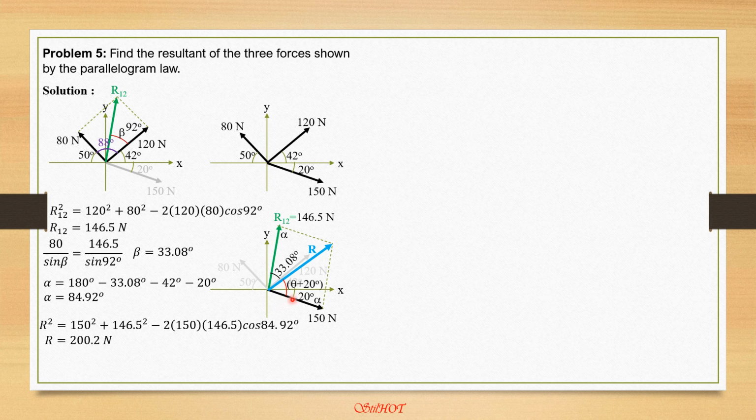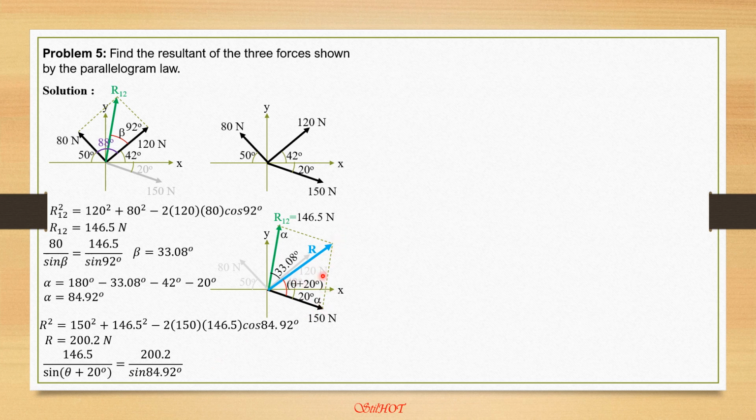From the 150 Newton force to the direction of R is theta, because theta is the designation of the direction of R from the positive x-axis, plus 20 degrees. So by sine law, opposite is R12 or 146.5 as to sine of theta plus 20 degrees, then equals 200.2 or R as to sine of alpha, which is 84.92 degrees. So from this triangle.